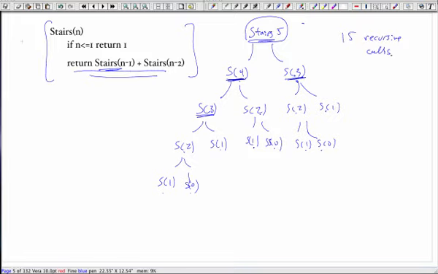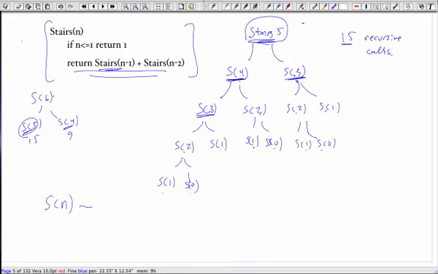If you generalize this, if you compute stairs of n, what do you think, how many recursive calls are you going to make? Think for example, S of 6. That's going to make a recursive call to S of 5 and S of 4. This, you already know how many calls it's going to make. And this is going to make some other number, right? So in this case, it would be 1, 2, 3, 4, 5, 6, 7, 8, 9.